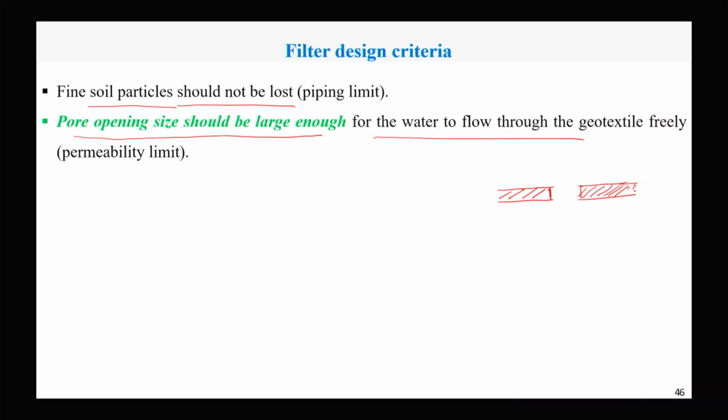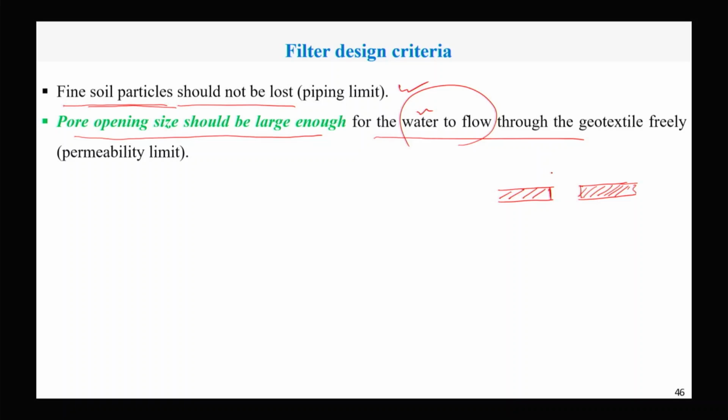This is one pore. These two criteria are just opposite to each other. If we want to stop the fine soil particles from going out, we have to use a very compact structure with a very low pore size. But at the same time, pore size should be very open for water flow.